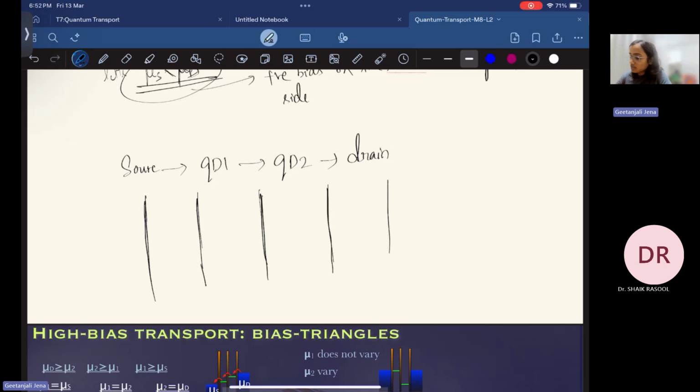So we are starting with μd, let's say this is the level for μd. This is for the source side. So for charge to transport from drain to source in a sequential manner, the energy levels should be aligned properly. Let's say this is quantum dot 2, this is quantum dot 1.